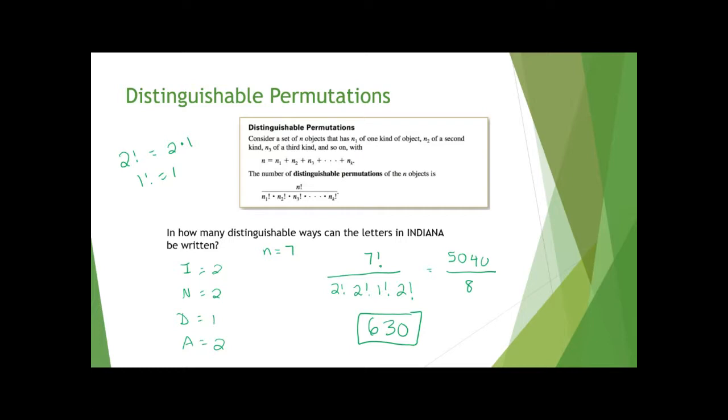If they don't have to be distinguishable, then we would have 5,040. We'd have 7 factorial. But because some of the letters are exactly the same, a lot of those would look the same. So that's why there's 630 distinguishable ways.